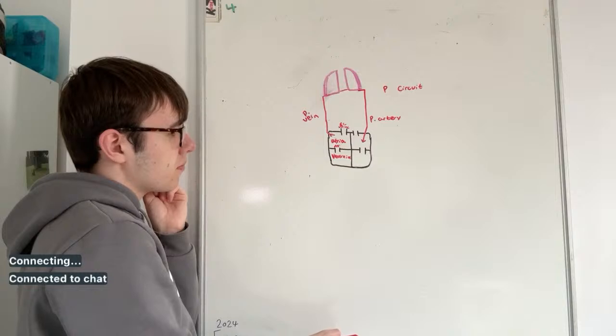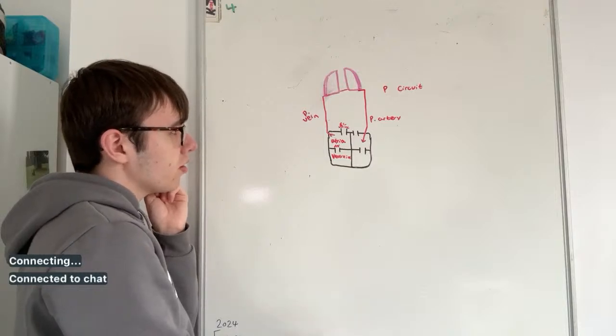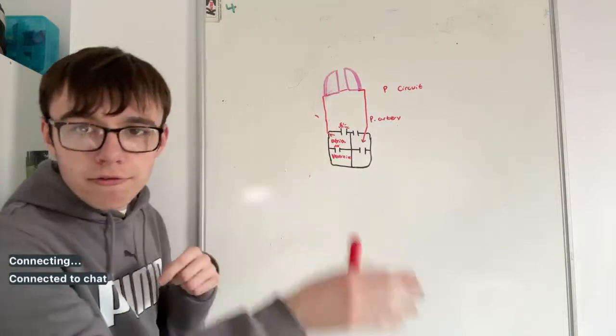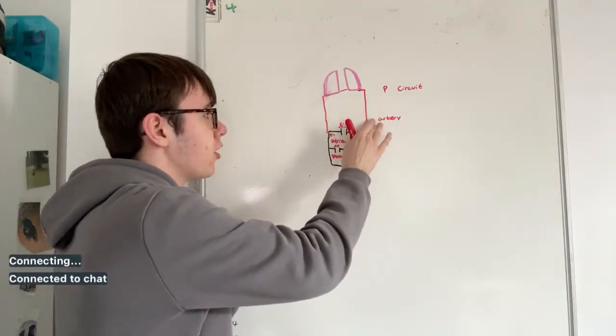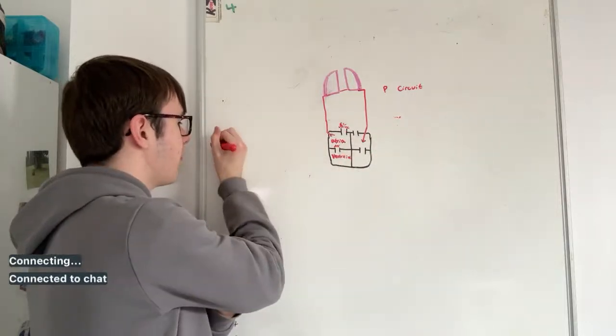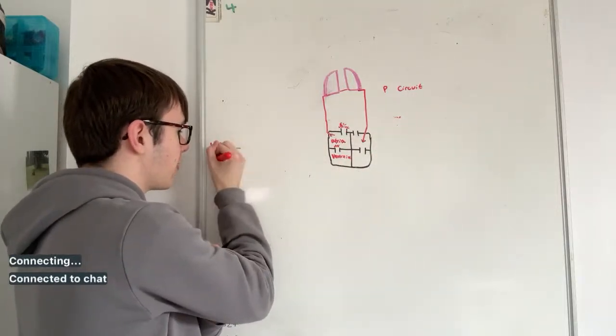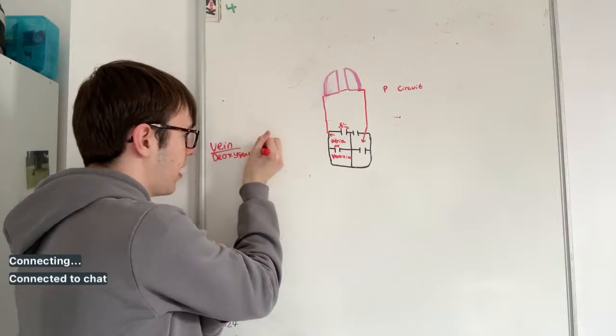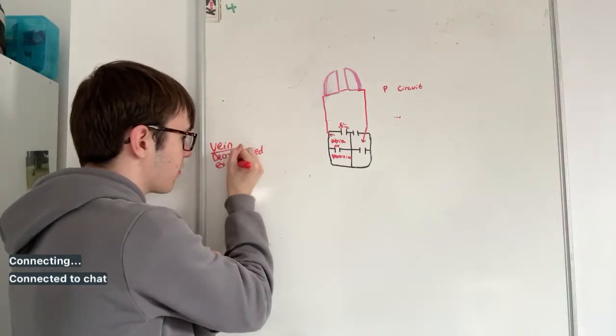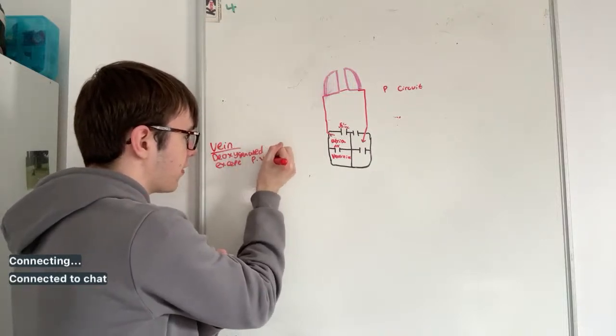No, hold on. No. I've fallen for the oldest trick in the book. The pulmonaries are the opposite of what they do. So veins are for deoxygenated blood, except for the pulmonary vein.